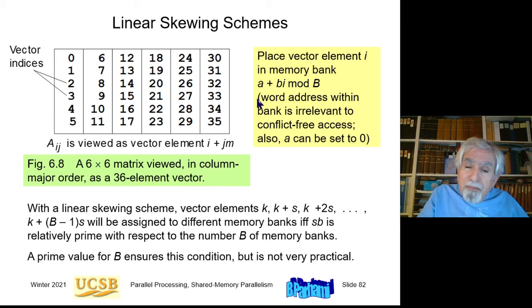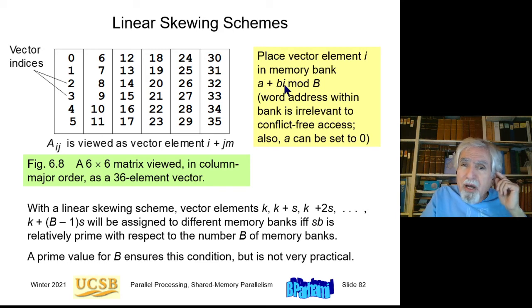So we contemplate using an address mapping that is a linear function of I. So element I of the vector goes into memory bank A plus BI, where A and B are constants, modulo B. This is called the linear skewing scheme.